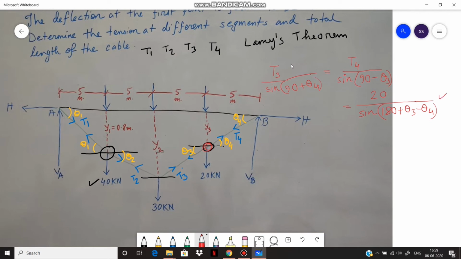So using this equation, and putting the value of theta 3 and theta 4, we get T3 equals to 313.162 kilonewton and T4 equals to 315.072 kilonewton.